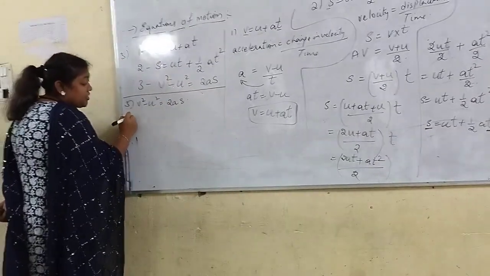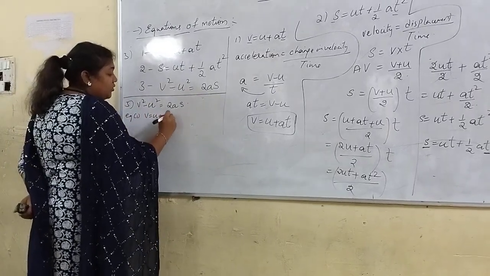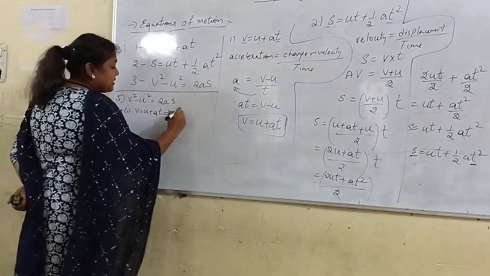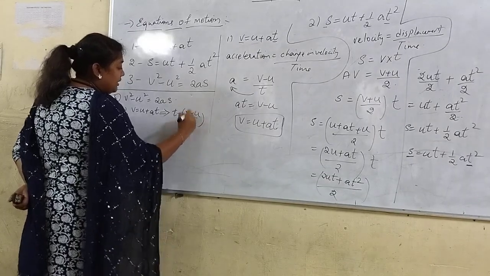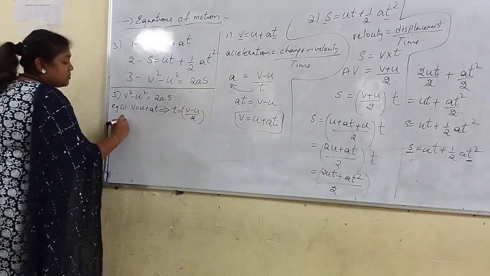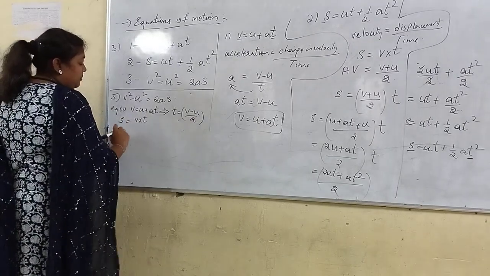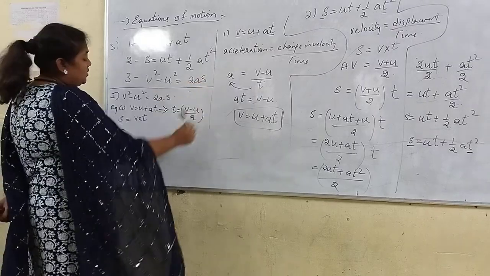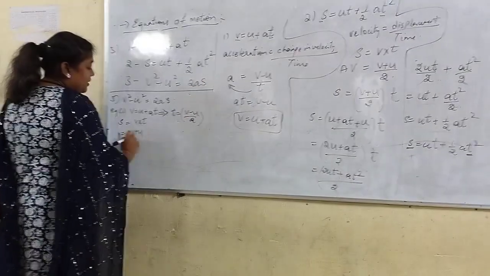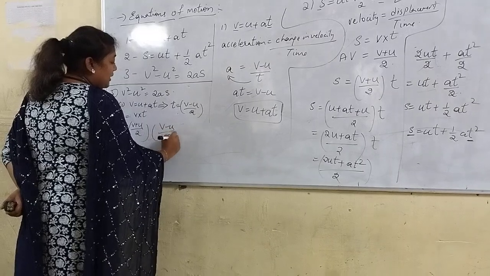Here from equation 1, v equals u plus at, we rewrite this equation as t equals v minus u by a, and we know that displacement equals velocity into time. Here the average velocity is v plus u by 2, so v plus u by 2 into v minus u by a.